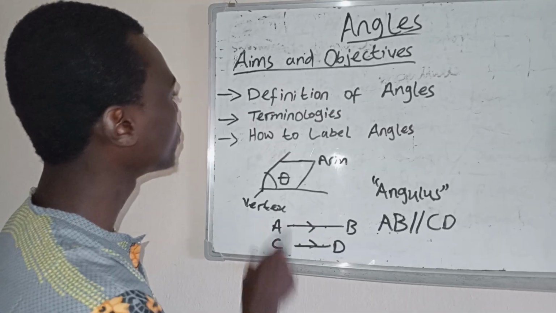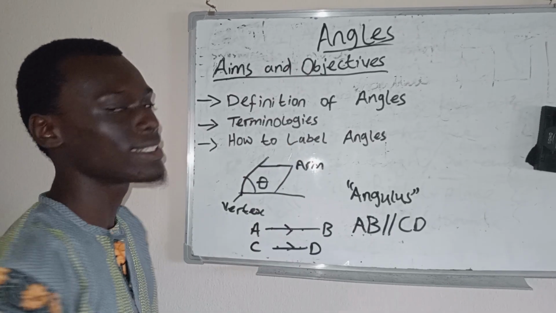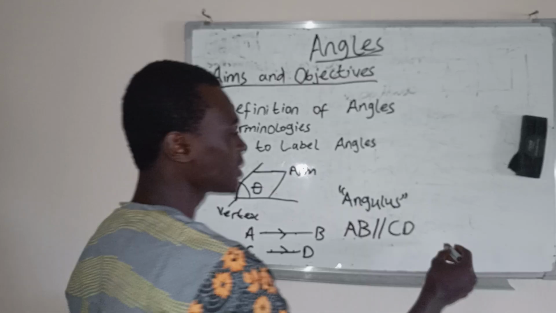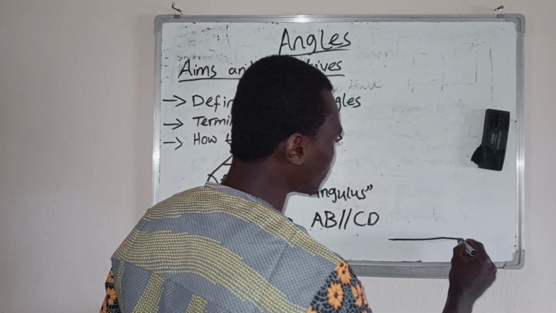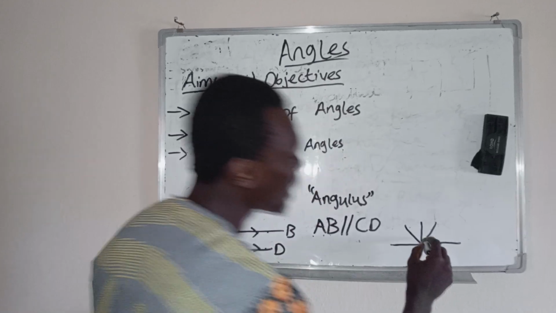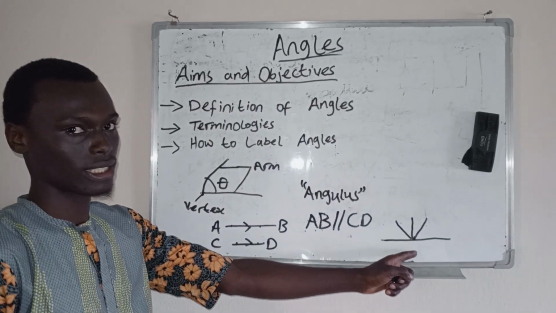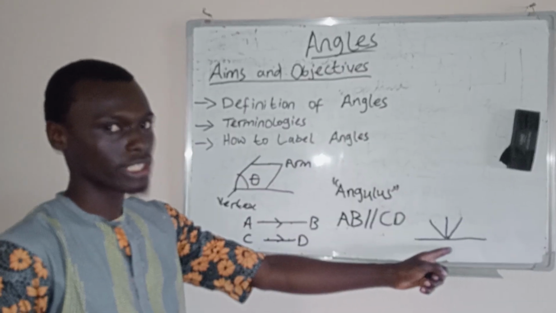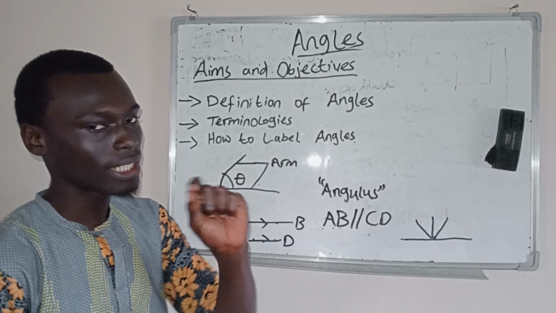The next terminology we are going to be looking at is adjacent angles. Adjacent angles are angles that are formed that share a common vertex or a common endpoint along the same line.